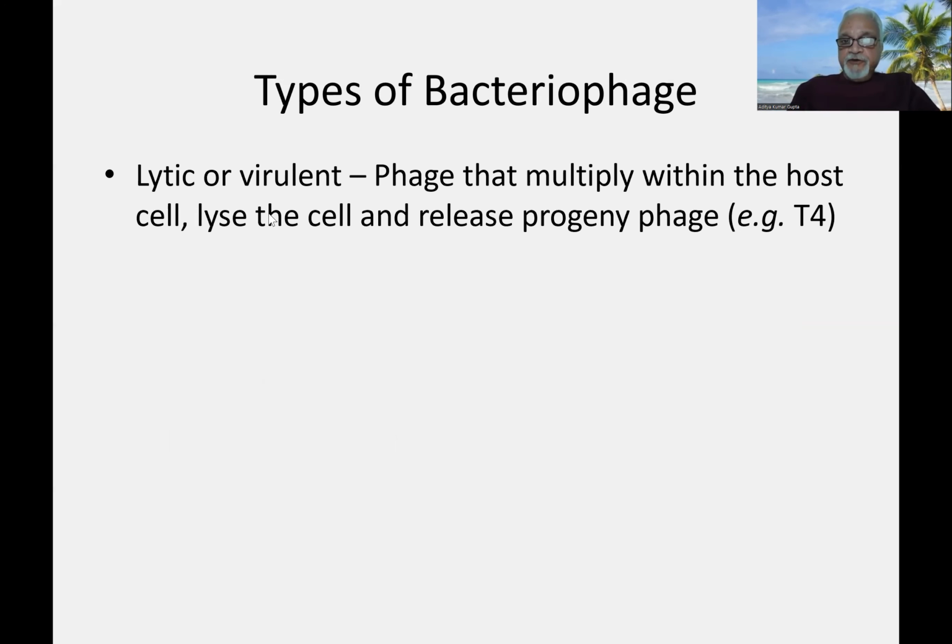Here, once the DNA is injected into the host cell, it results in the lysis of the cell, and it releases the progeny phages. This means once the DNA enters, it multiplies, it makes copies of its own genome, and then it is packaged, and the host cell is lysed and the progeny virus is released, like T4 bacteriophage, for example.